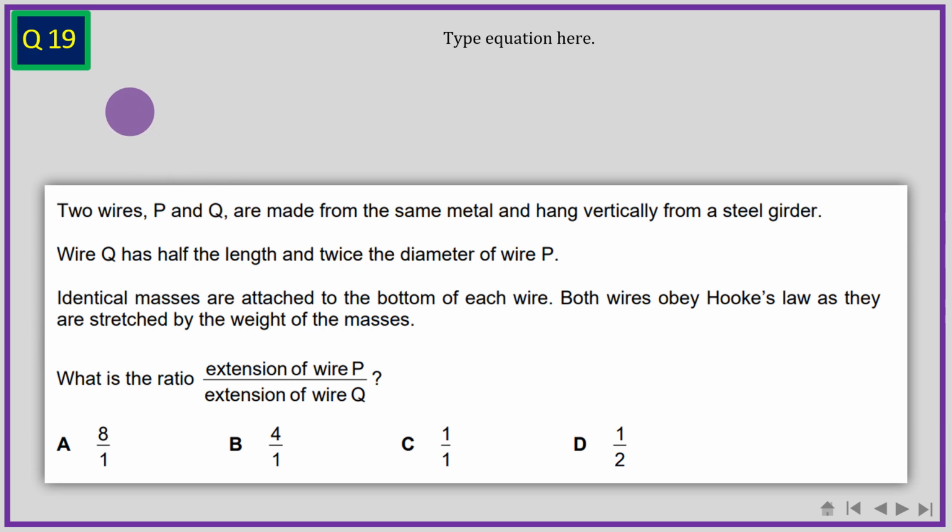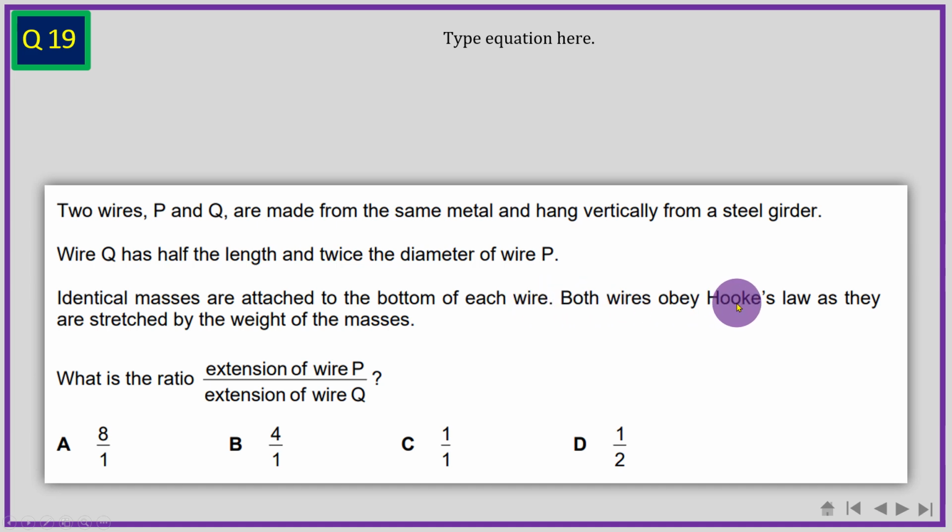In question 19, we are given that 2 wires, P and Q, are made from the same metal and hung vertically from a steel girder. Wire Q has half the length and twice the diameter of wire P. Identical masses are attached to the bottom of each wire.